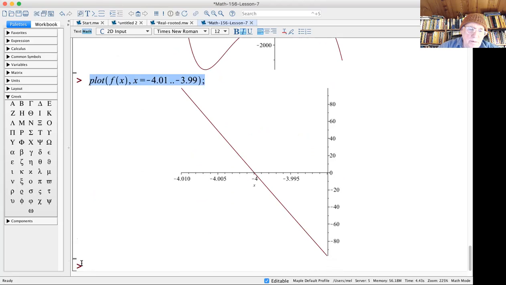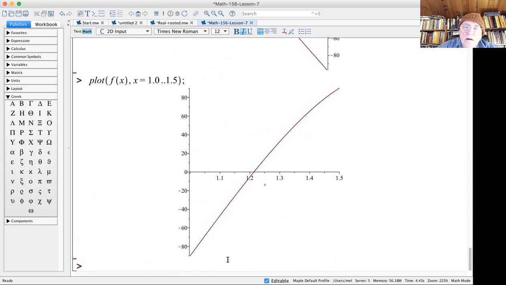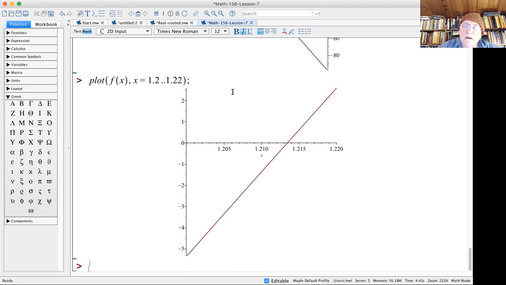Let's blow that up. So it's really a solution between 1.2 and maybe 1.22, yeah.